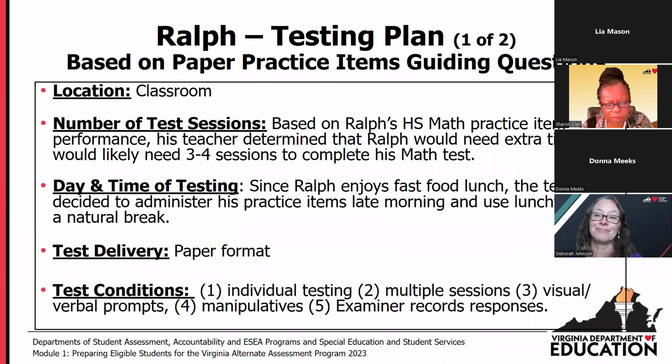We know that the test delivery is going to be in the paper format, but Ralph, with the paper format, is going to take advantage of some of the testing conditions available. Individual testing is one of the test conditions, the multiple sessions, which we've already talked about, the use of visual and verbal prompts, manipulatives.